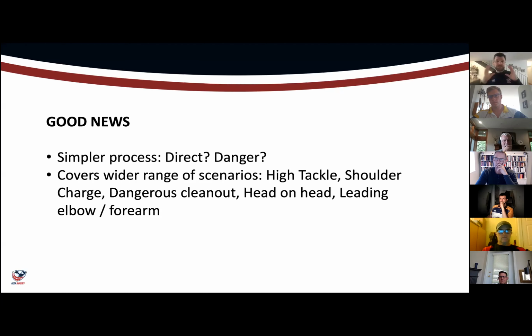Well, now we're simply saying this process applies to both. And there's no change to the approach with shoulder charge, because by very definition, if you're going to shoulder charge someone to the head, we're probably looking at high force at this particular point in time. So the notion that there can be a low force shoulder charge to the head is relatively unlikely. So there's no change to the previous process. We're just putting it into a much simpler framework.